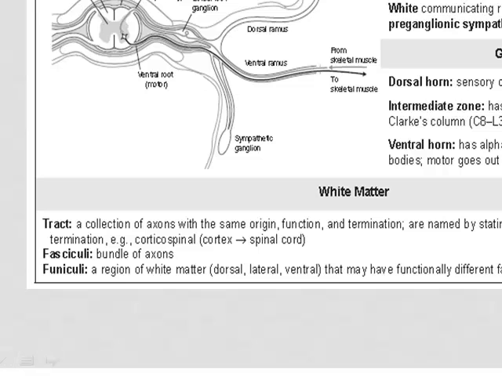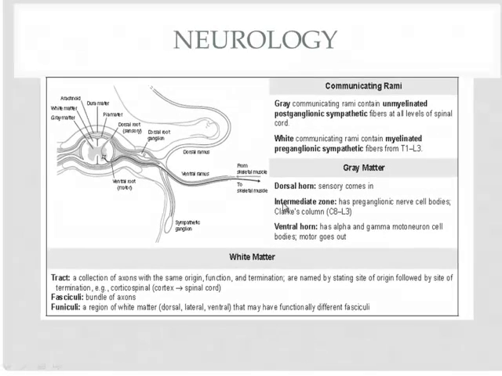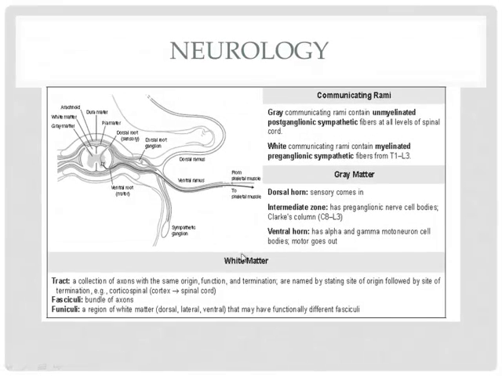As we go in further, I want to address mainly the gray matter and the white matter. At the spinal cord level, you have an afferent sensory fiber coming in to the dorsal root ganglion, and then it will go into the spinal cord itself.